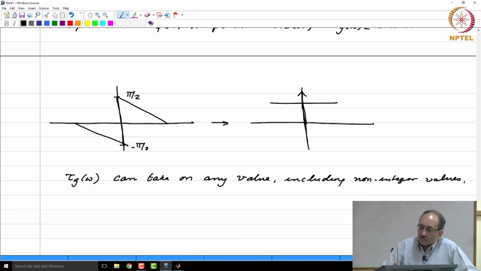And the reason why I am mentioning this is we are going to give a physical meaning to group delay, and this delay need not necessarily be an integer. Therefore, group delay can take on fractional values, but this should not cause us any problems because we know what it means to import fractional delay to sequences.